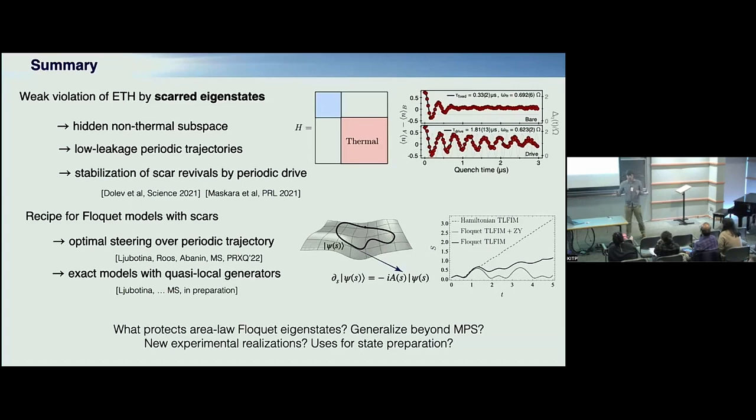If you are adiabatic, you are precise, but you have no time to wait for infinity. In the trajectories that I showed, you have period of order 1. So you want to do something that otherwise takes you infinitely long, efficiently in a finite time. How do you do it? That's what we have done with MPSs, and now this is a scar machine.